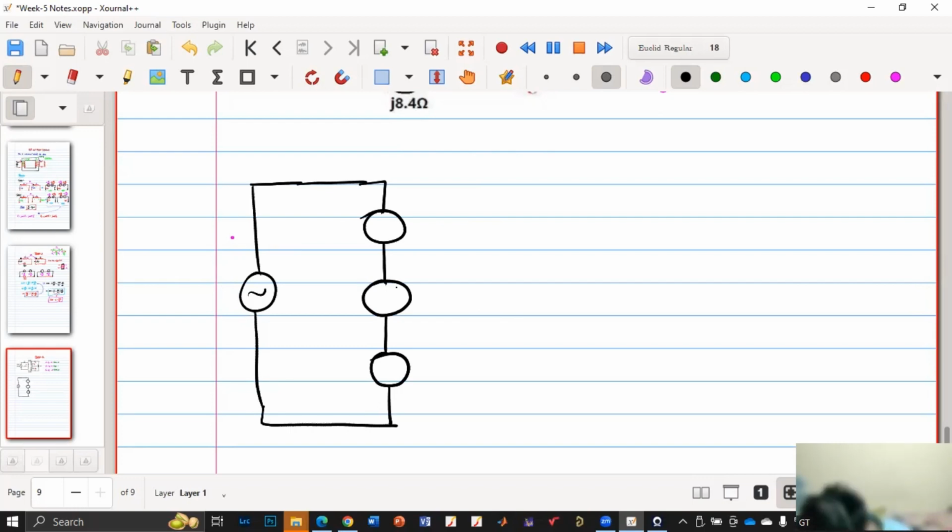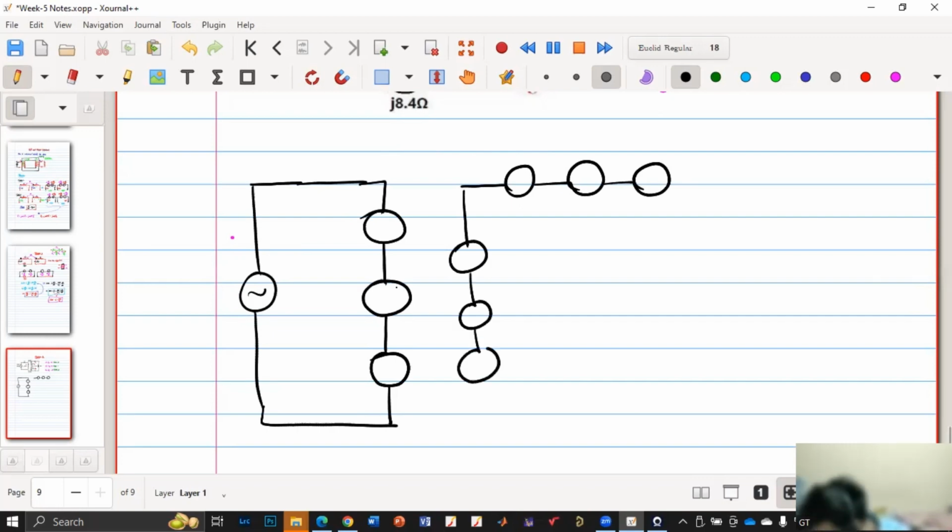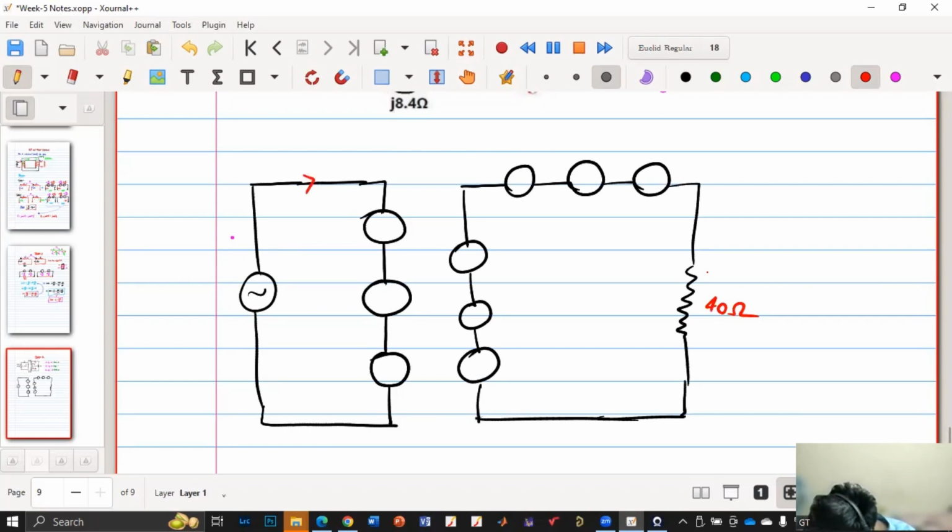And here also 1, 2, 3, and the other 1, 2, 3. It is connected to a load of 40 ohm. This is I1 and this is I2.